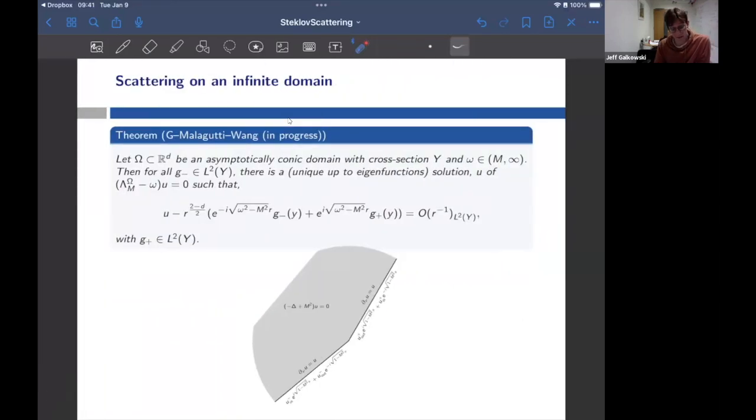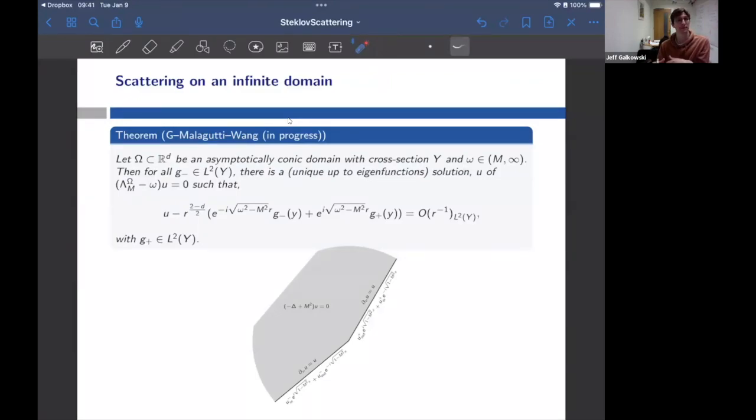So what I mean by that is, again, I think of my asymptotically conic domain. Again, for the moment, that thing has a smooth boundary near infinity, right? And right now I'm calling the boundary y. The boundary near infinity is y. Then you can prescribe a function in L2 of y, which is going to be your incoming wave.